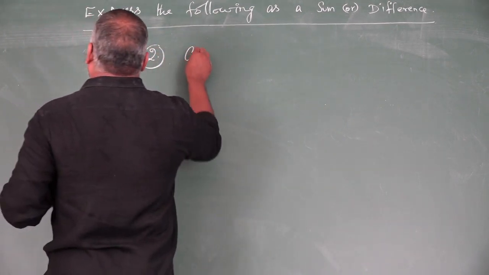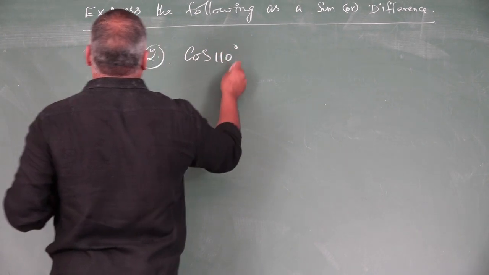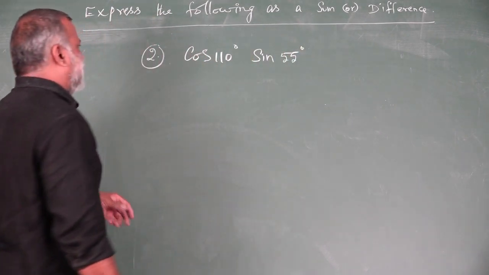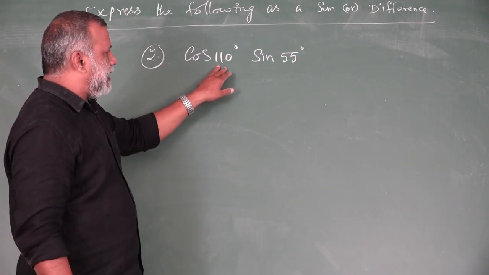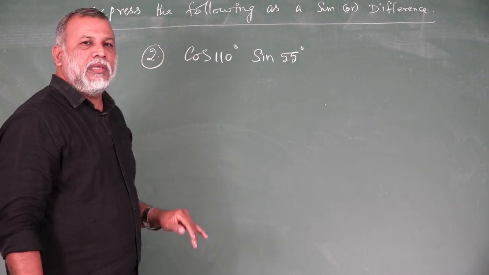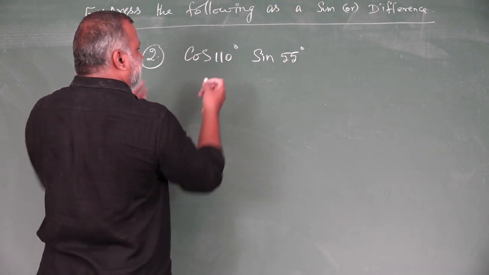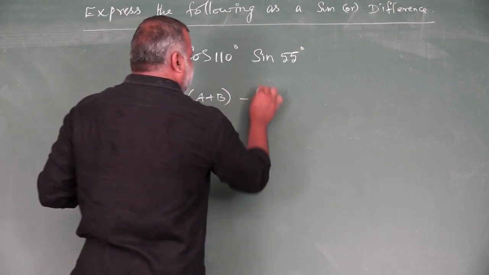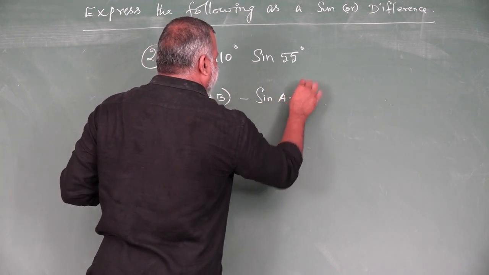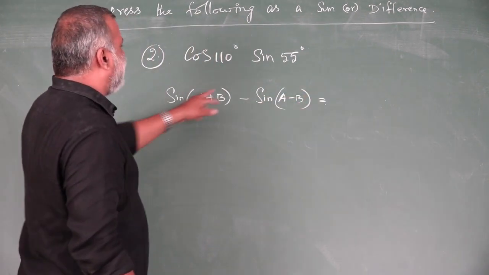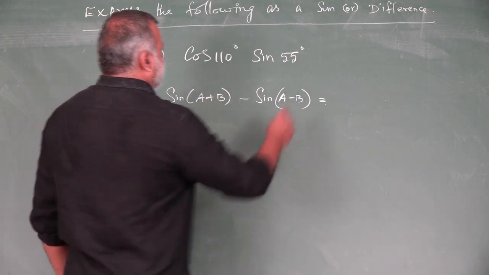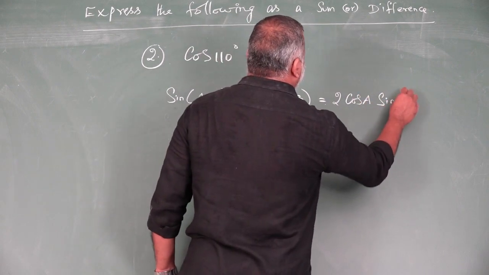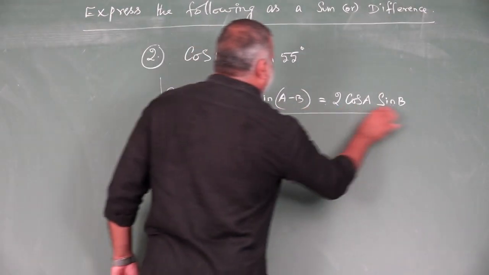Question number 2: cos 110 degrees, sin 55 degrees. We have one more formula related to the same one: sin of (a plus b) minus sin of (a minus b), which is related to 2 cos A sin B. So you have to relate the given data.